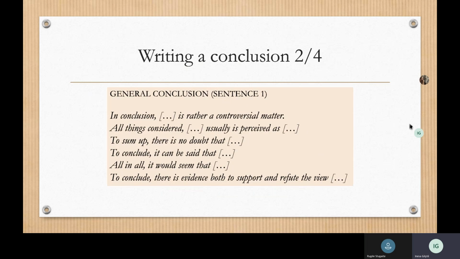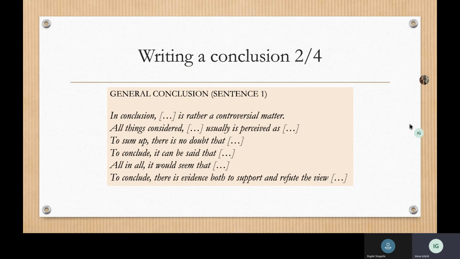Now I'm going to give you some examples again, for the introductory part as well as the conclusion part. As I mentioned, you could really generalize the matter and state in one sentence something about the topic in general. So the first and the second examples are just that.